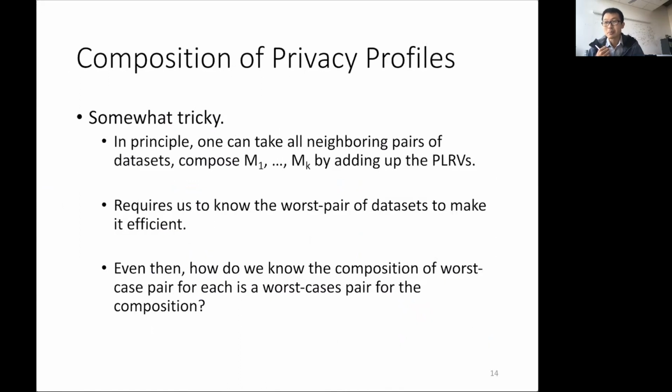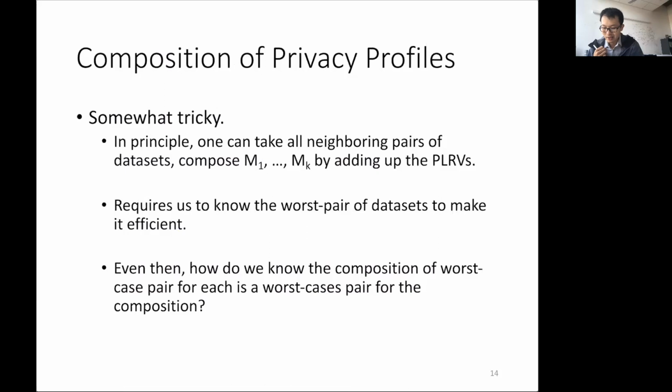But that's not very computationally efficient, since there are possibly infinite numbers of neighboring pairs of data sets in the data space. And practical implementation of this approach requires us to know the worst pair of data sets to make it efficient. And as a matter of fact, this worst pair of data sets might not be the same for different choices of epsilon in the privacy profile. So it's still somewhat difficult to do this in practice.